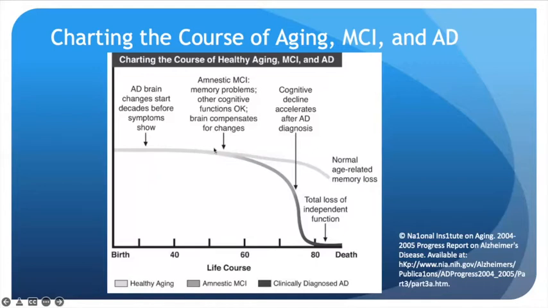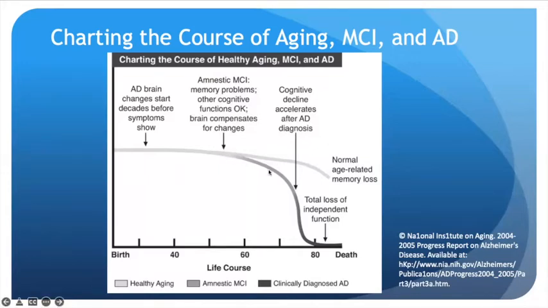Eventually, there might be amnesic mild cognitive impairments. So memory problems, other cognitive functions are okay, but memory is first affected, and then the brain might compensate for these changes. Eventually, at some point, cognitive decline accelerates quite a bit. With normal age-related memory loss, this loss in function is not seen.